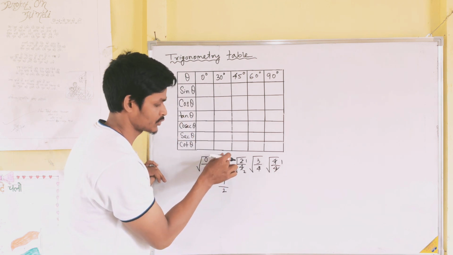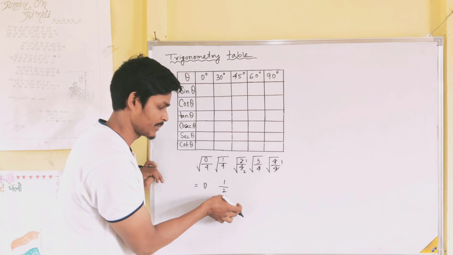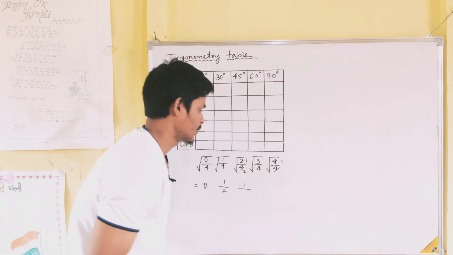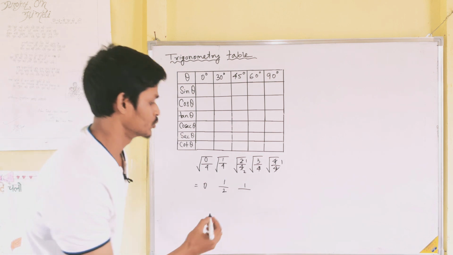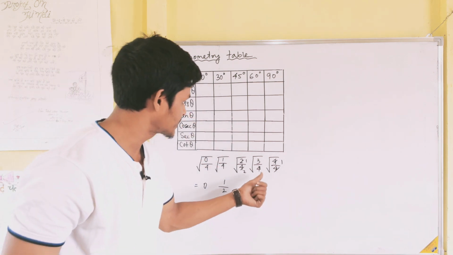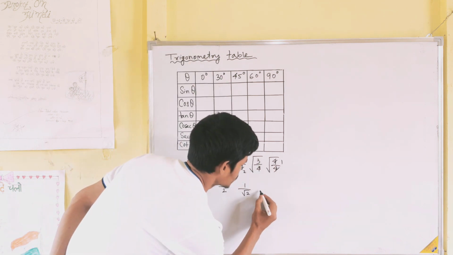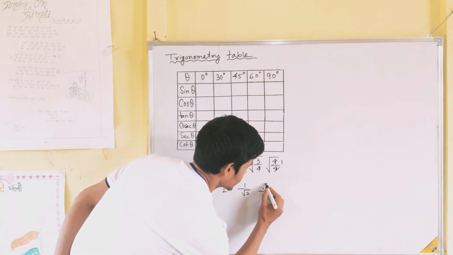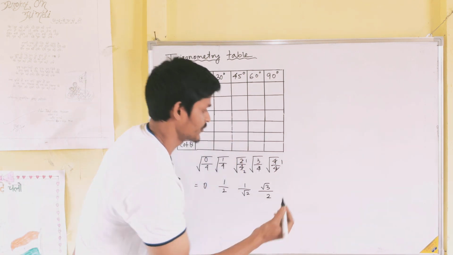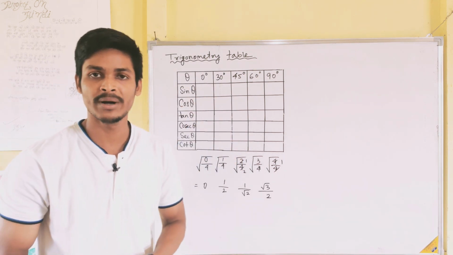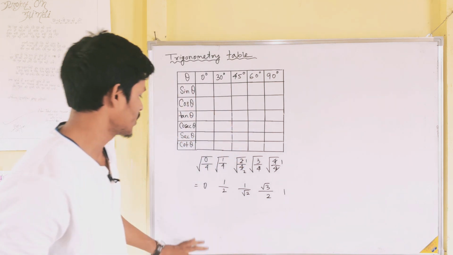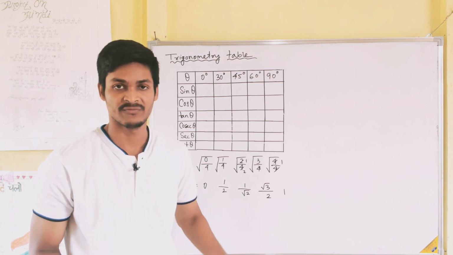Root 2 by 4 gives 1 by root 2. Next 3 by 4: root 3, and root 4 is 2, so you get root 3 by 2. And 4 by 4 is 1, so root 1 is 1. Now you get these 5 values.